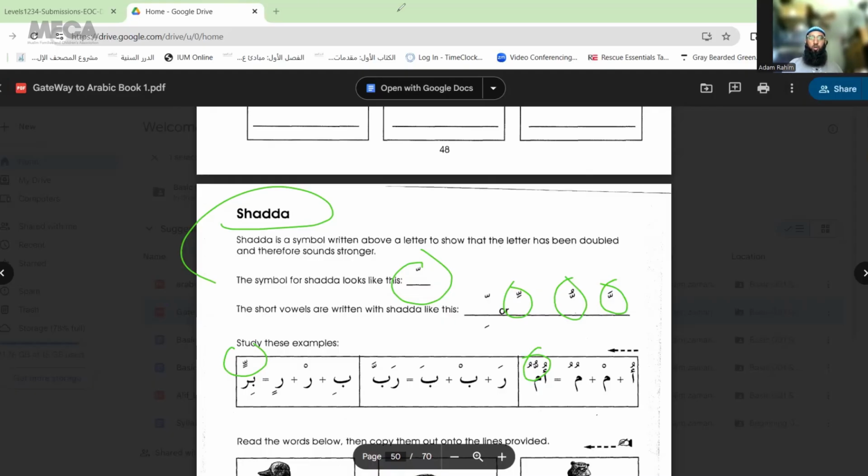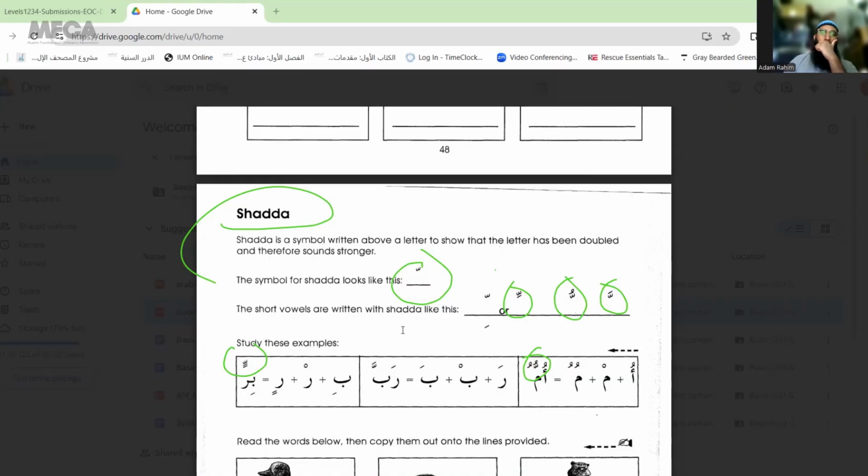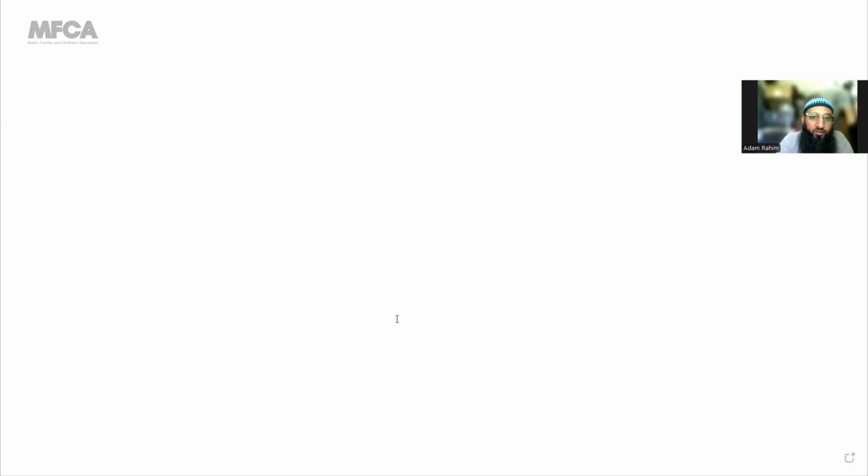So if we go to the whiteboard, we said that the shadda is a vowel.